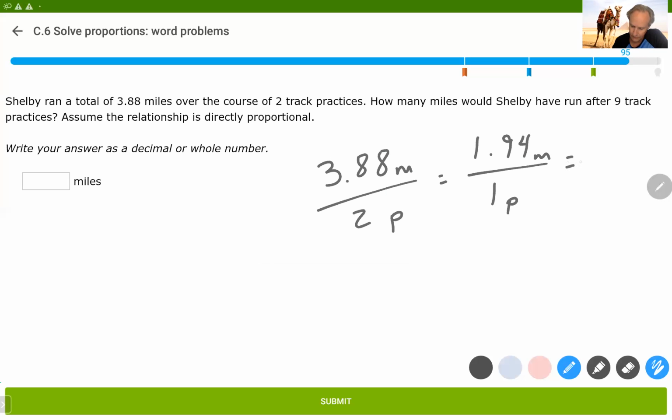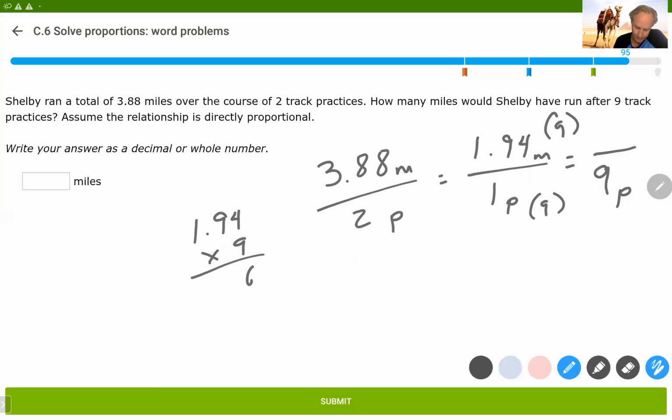And we have to get 9 practices. So we're multiplying by 9. That is 6, carry the 3. That's 4, carry the 8. That's 17.46 miles.